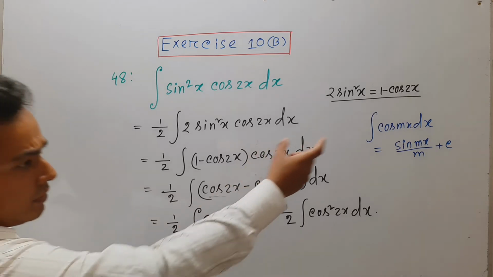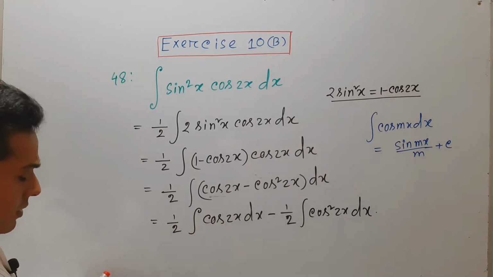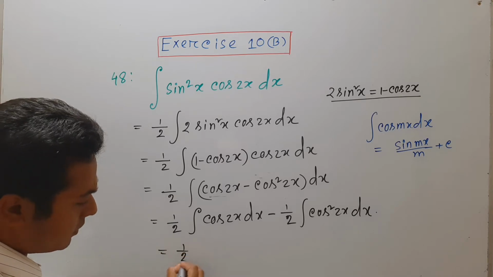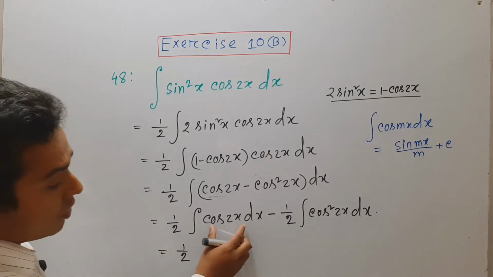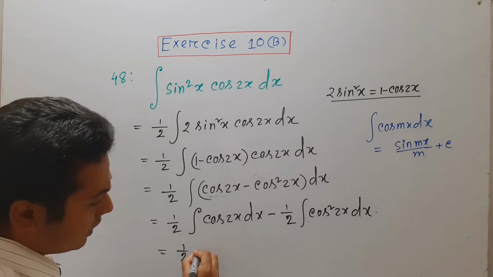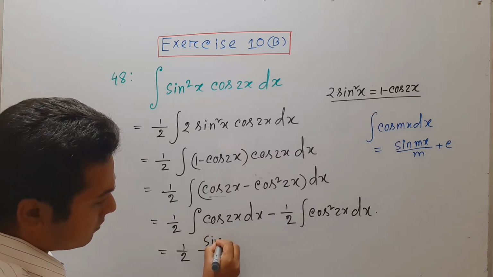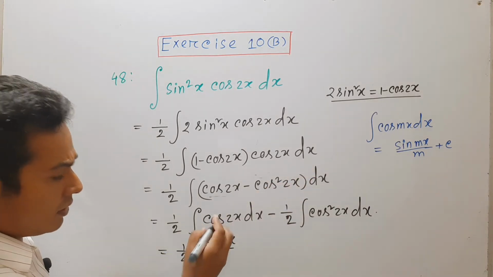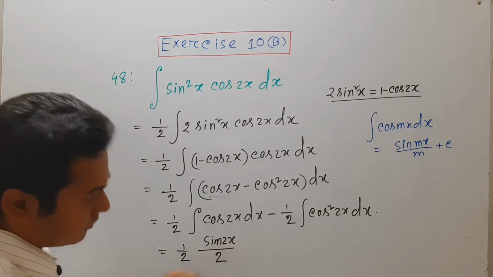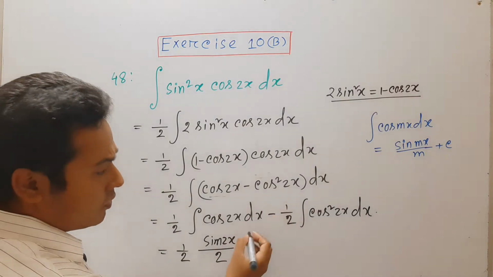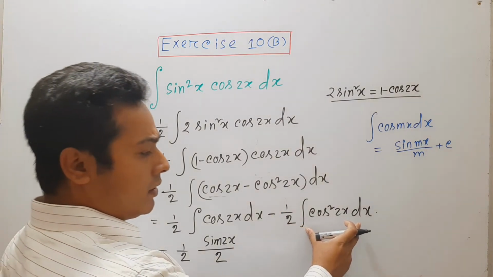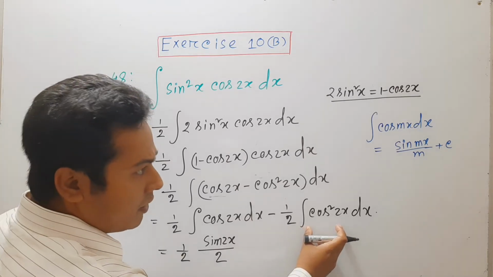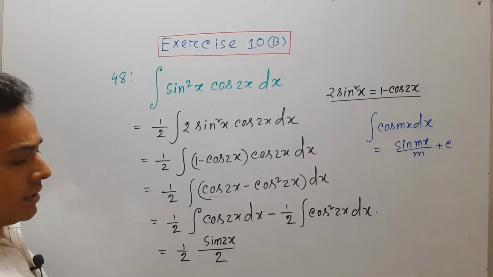Okay, so according to this formula we can write half into cos 2x is equal to sin 2x, here m is equal to 2, divided by 2. So we have another integral. After we complete this integral we want to use the integral constant.